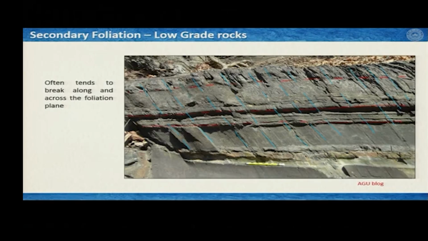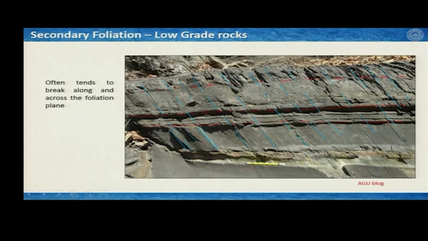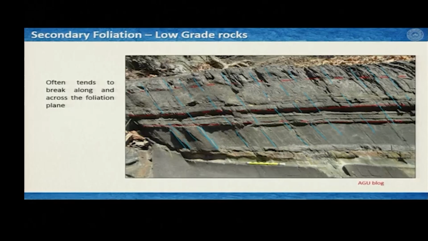So, I just wipe this one out. So, you can see here, you see that it got some sort of fracture here, here. So, most of the fractures are along this blue lines. Now, these are your secondary fabric or secondary foliation, whether the red ones are your primary fabric or primary foliations.